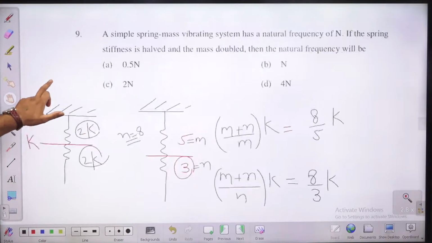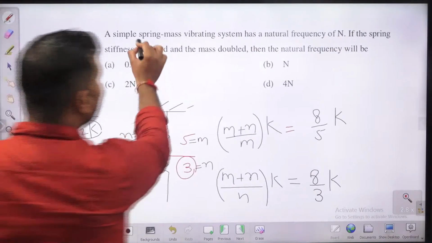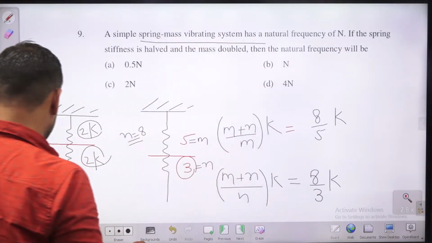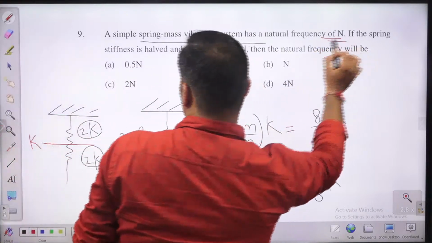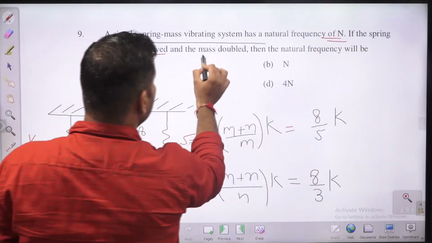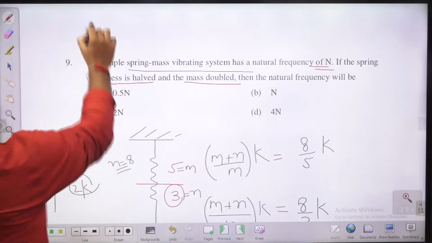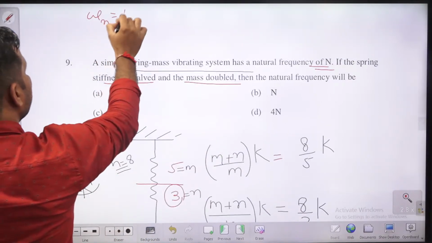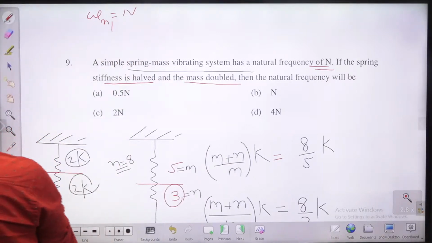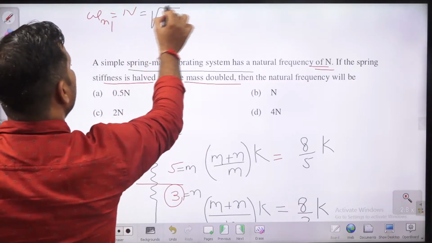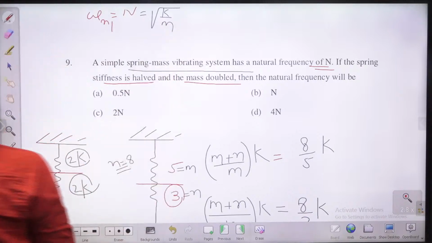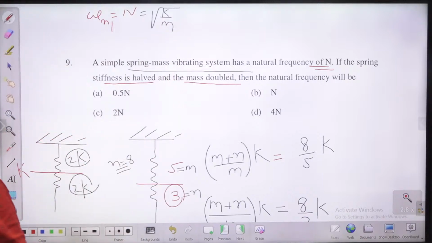Now there is a question in front of you. A simple spring mass system has a natural frequency of n. If the spring stiffness is halved and the mass is doubled, what is the new natural frequency? So omega n1 is under root k by m, and in the first case the natural frequency is n.